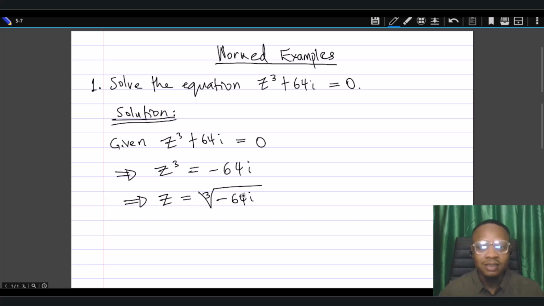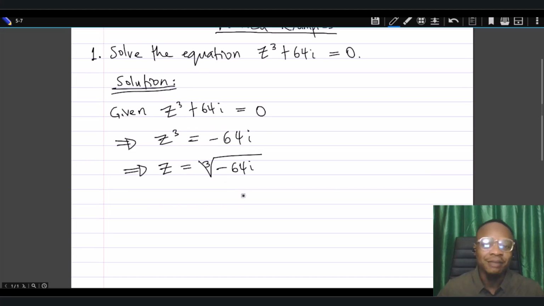So this problem is another way of asking you to find all the cube roots of minus 64i. It is equivalent to simply saying find the cube root of minus 64i. So that means we have a complex number here, and I want to get all of its cube roots. Okay, so let's get right into it.